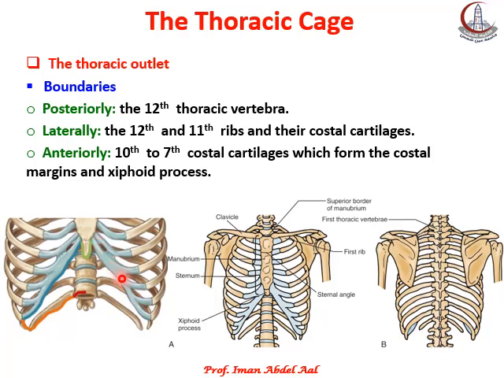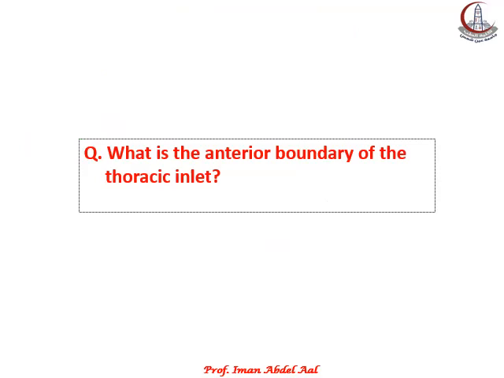So anteriorly, the thoracic outlet is formed by the costal margin and the xiphoid process. Laterally, it is formed by the last two ribs, number 11 and 12, with their costal cartilages. These are the boundaries of the thoracic outlet.